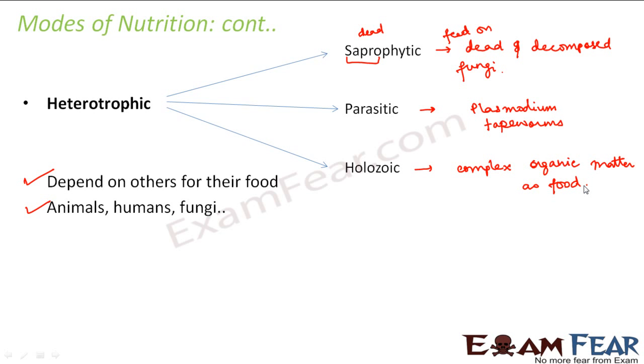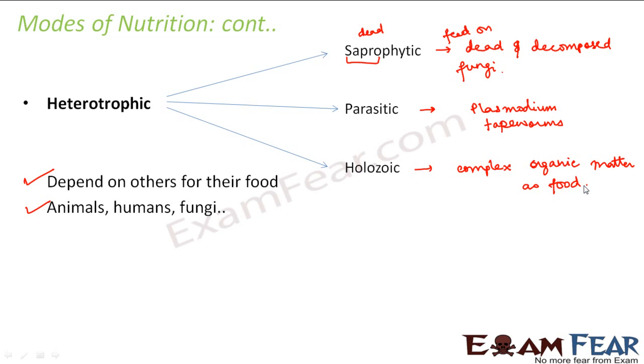Or bread or meat. If you look at them, they are all complex things. We do not take glucose as food. Glucose is something which is very simple. But those simple things combine together to form complex things, and we take those complex things as food.